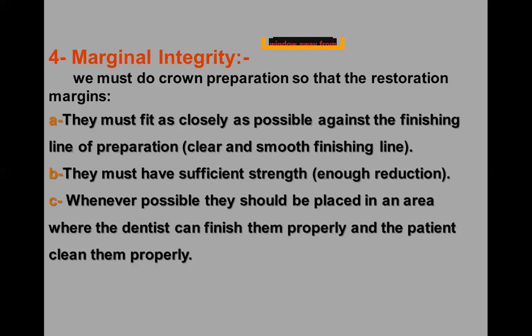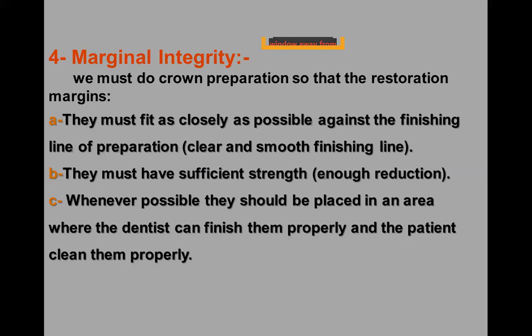If we make it very thin, it may be damaged and there will be a problem of a missing margin of the crown, and there will be a short crown, and the need to repeat our work in the future. So whenever possible, we can place the margin of the preparation supragingivally, because it will make it easily detected and easily finished, and it will be cleaned easily by the patient.